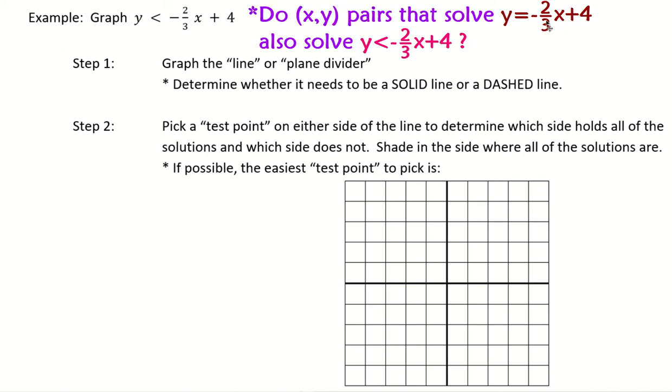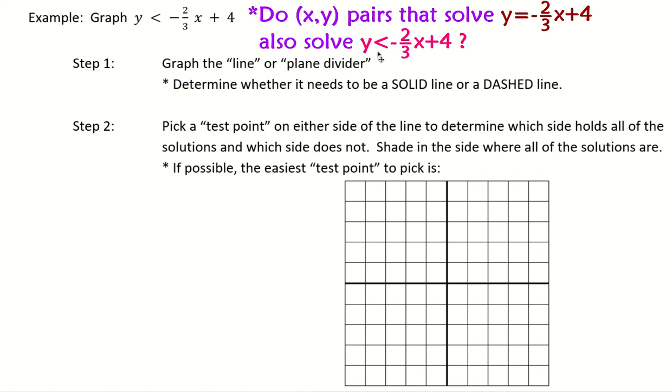A solution to this equation would be, let's say, 3. If you plugged in 3 for x, I think y is going to equal 2. So 3 comma 2 solves this equation because 2 for y literally equals negative 2/3 times 3 plus 4. It makes the whole thing actually equal.